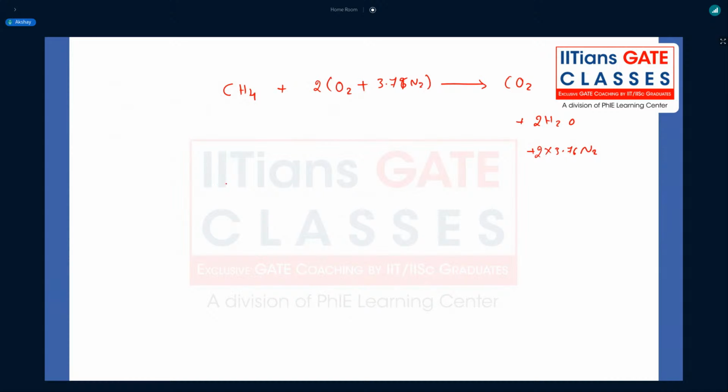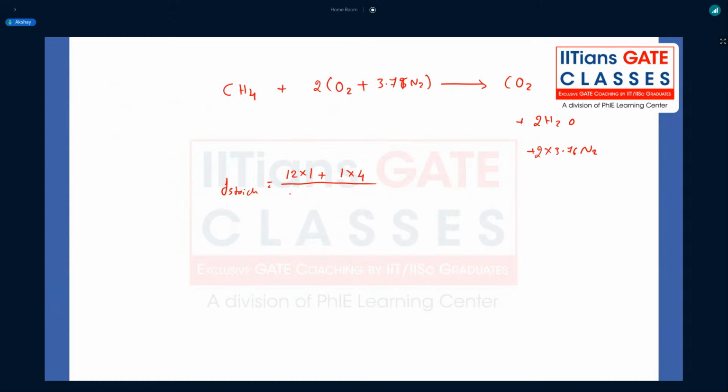I can calculate fuel to air ratio in stoichiometry. That is nothing but summation of number of moles into molecular weight in the fuel to number of moles into molecular weight of the air. So I have a molecular weight of the carbon, that is 12, times the number of moles of carbon, which is 1, plus molecular weight of the hydrogen times the number of moles of hydrogen, which is 4, divided by molecular weight of the oxygen.